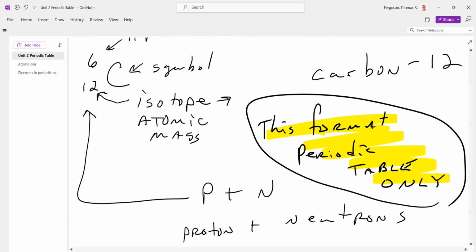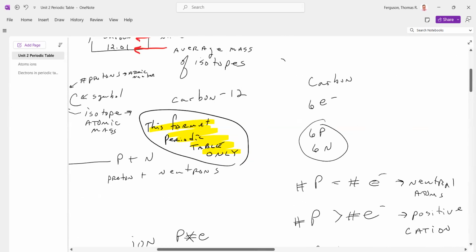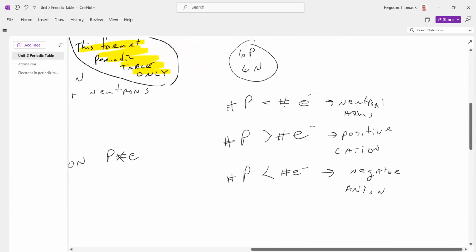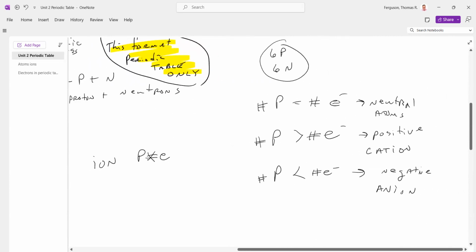All right. So this is the situation frequently. Now, in nature, it's rare that you find an element by itself. The elements you find by themselves are the noble gases over here on the far right.